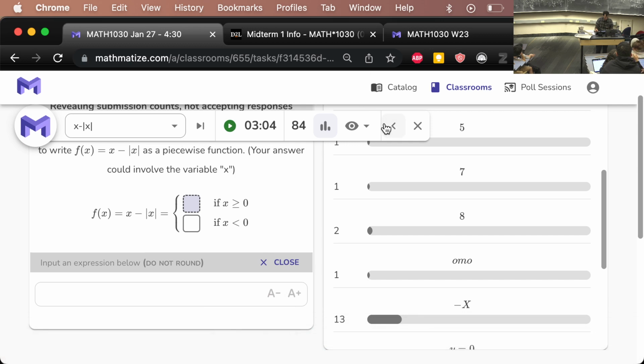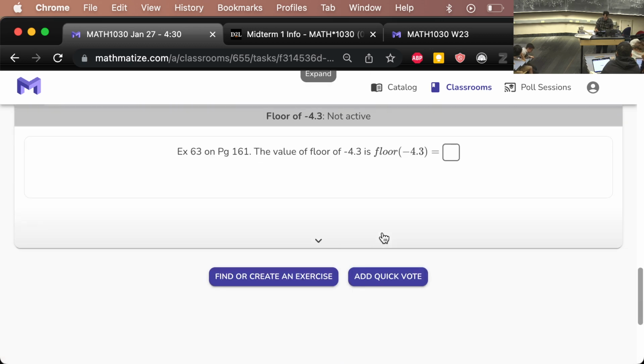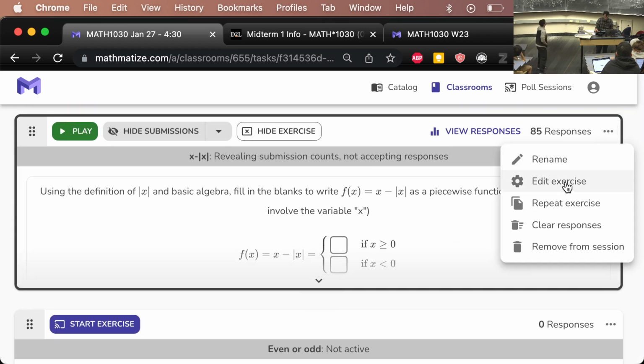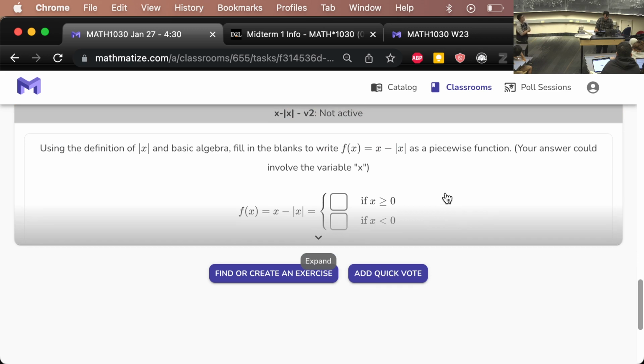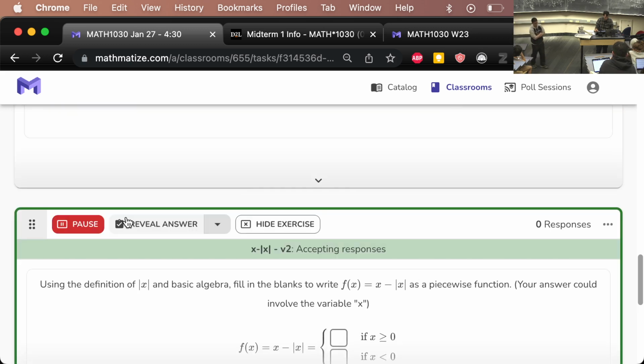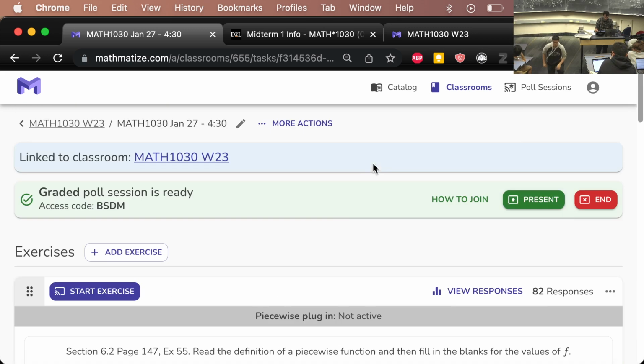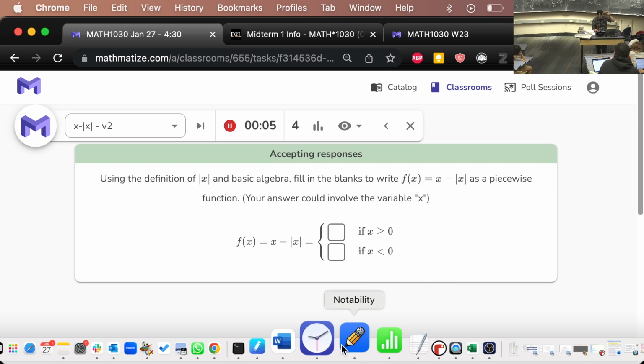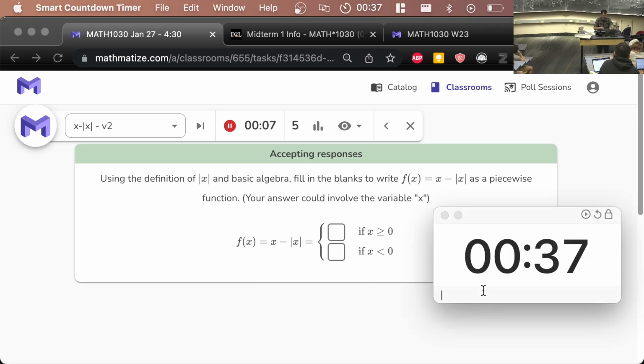And I'm going to reopen this. I'm going to make you vote again on this one. Okay, so it's open again. Even if you don't want to change your answer, you have to type it in one more time. Let's do a minute here.